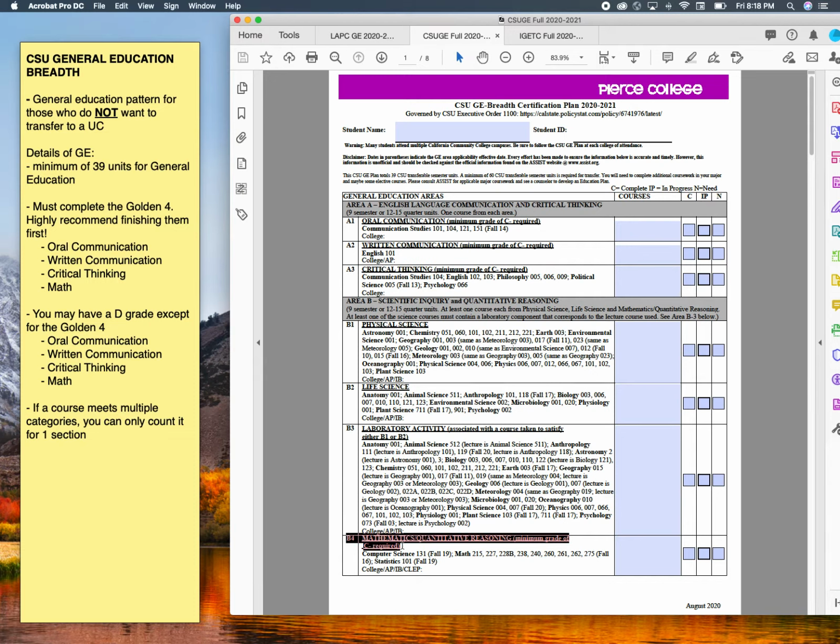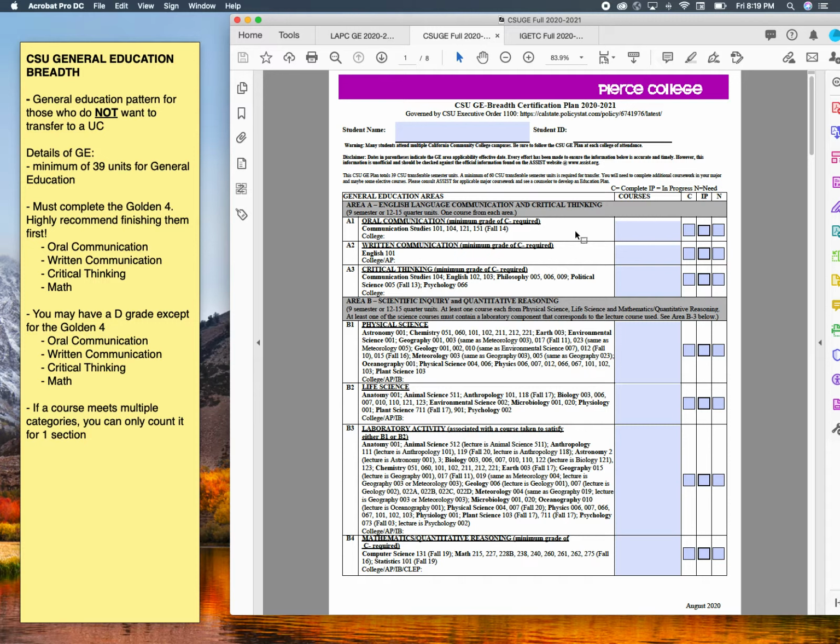And if you notice that it says minimum grade of C minus or better, I want to emphasize how important these four classes are. You must pass those four classes with a C minus or better to transfer. If you do not, even if you have a 4.0 and you met all other requirements, if you don't have one of these classes, you will automatically be denied.